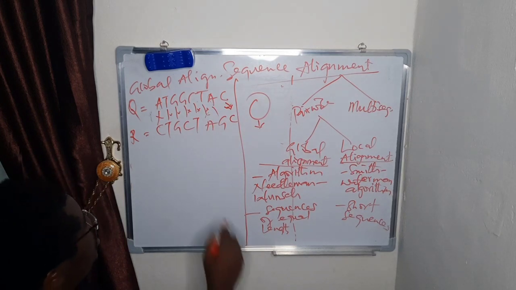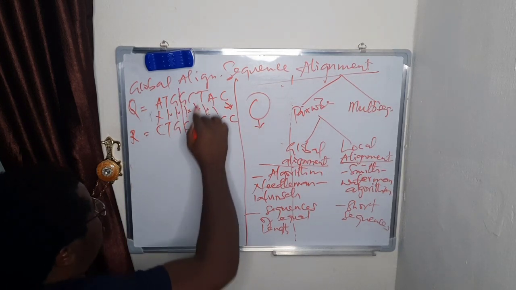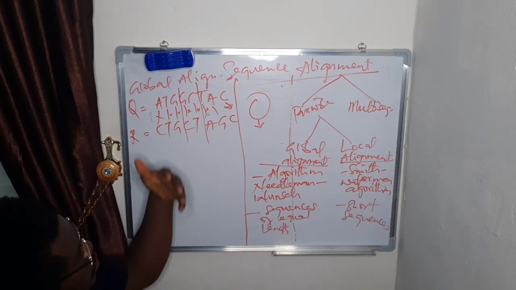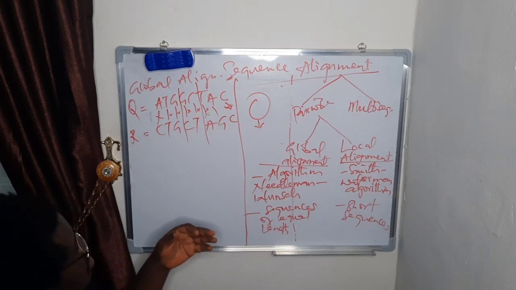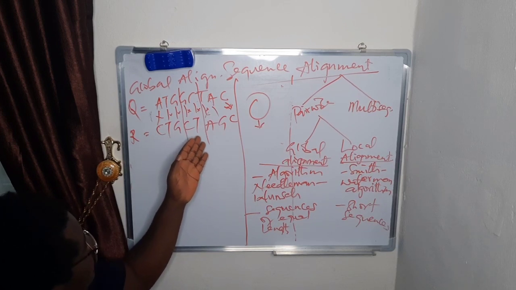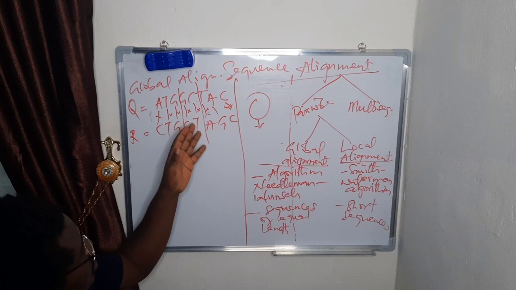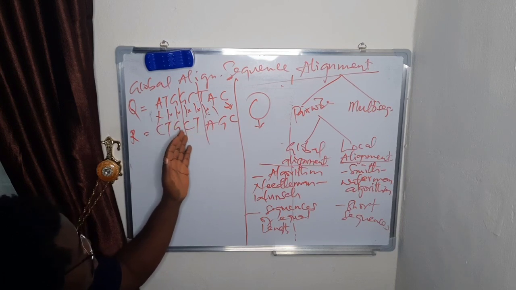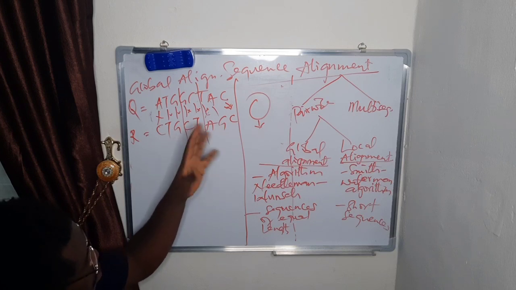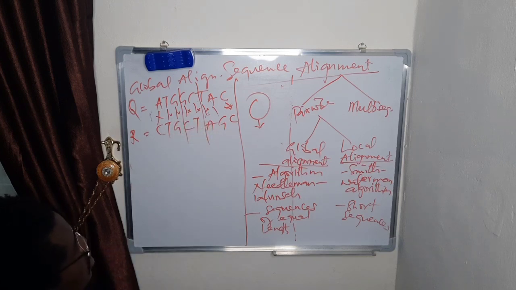So maybe within these places where there are no alignments, global alignment tends to give us a global picture of what to expect. If there are conserved sequences or motifs, that will tell you something about the two sequences being aligned.